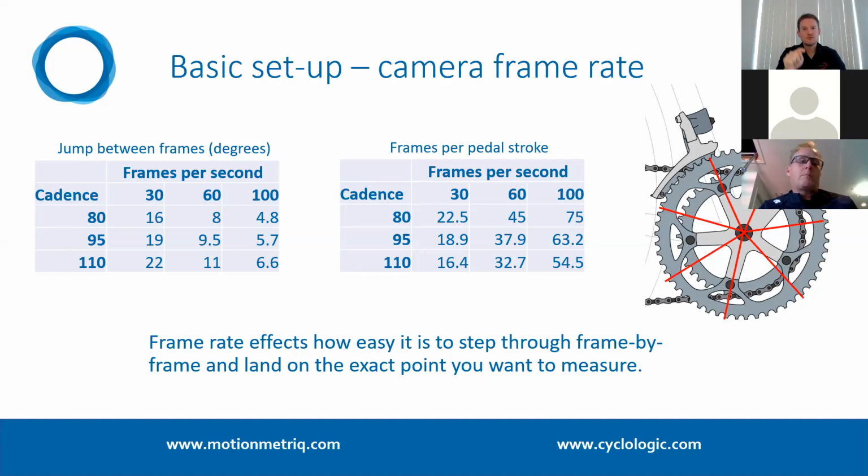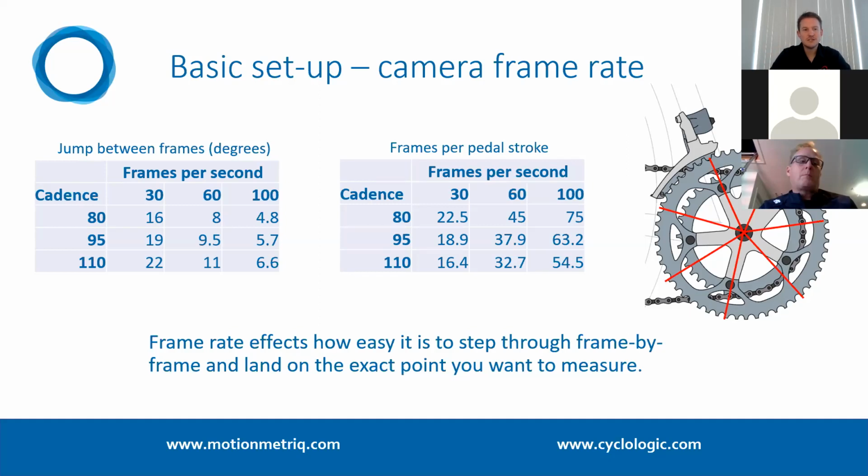So as you scroll through frame by frame, you're going to see big jumps, and what that means is that you could be up to 11 degrees away from where you want to record, and you might have to go all the way through the next pedal stroke to find that point that's a little bit closer.